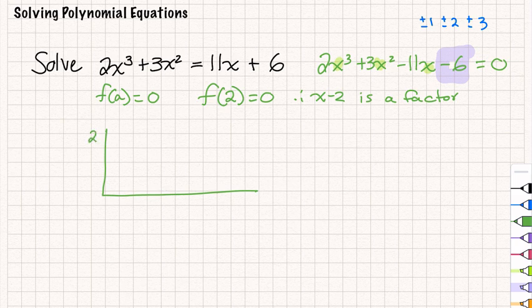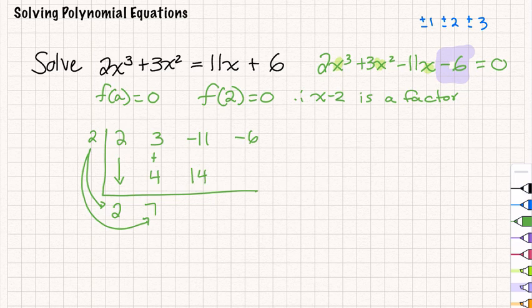And then our coefficients are 2, 3, -11, and -6. So we're going to work our way through. We bring down the 2, multiply, we get 4, add, and we get 7. Multiply, we get 14, add, and we get 3. Multiply, 6, add, and we get 0.